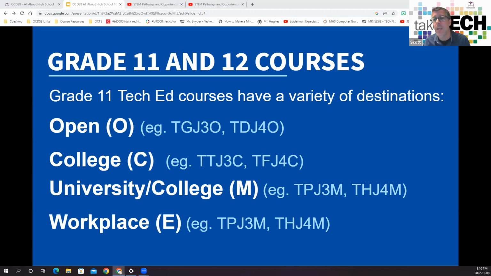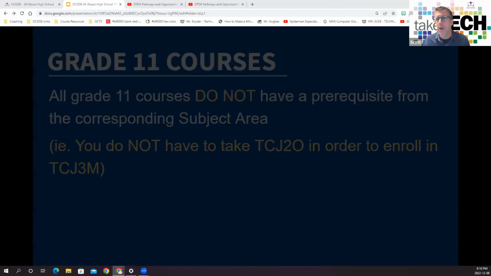The university college level ends with M, and that's a combination of the hands-on and potentially theoretical as well. So we're bringing in that side of it as well. And then finally, for those students that may be entering the workforce right out of secondary school, there is E level courses, which allows them to investigate the topic and then go directly into the workforce after secondary school.